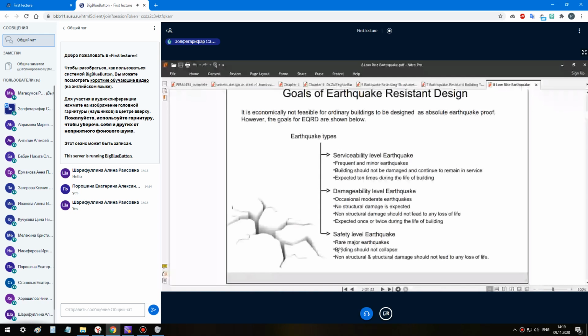In this level, a rare major earthquake, the building should not collapse, and non-structural and structural damage should not lead to any loss of life. Here we have a summary of the properties of the earthquake types, shown in these slides.